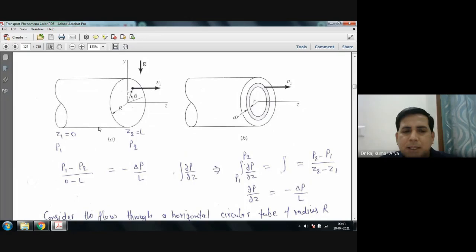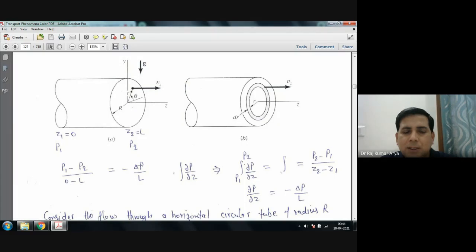So for that, the second term we always calculate is the pressure gradient, the del P upon del z term. Because this is confined flow through a confined geometry, you always need a pressure. Without that, it won't flow actually. In the case of horizontal or vertically upward flow, you have a pressure at the inlet P1, at the outlet P2, and the corresponding coordinates z1, z2 are 0 and L. So you can calculate P1 minus P2 based on 0 minus L here.